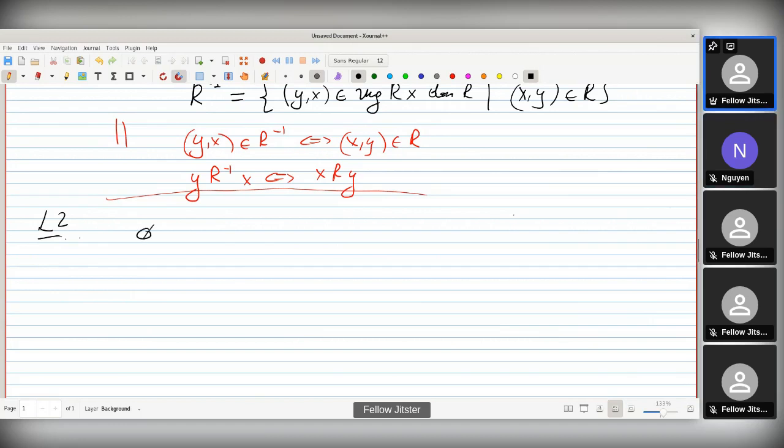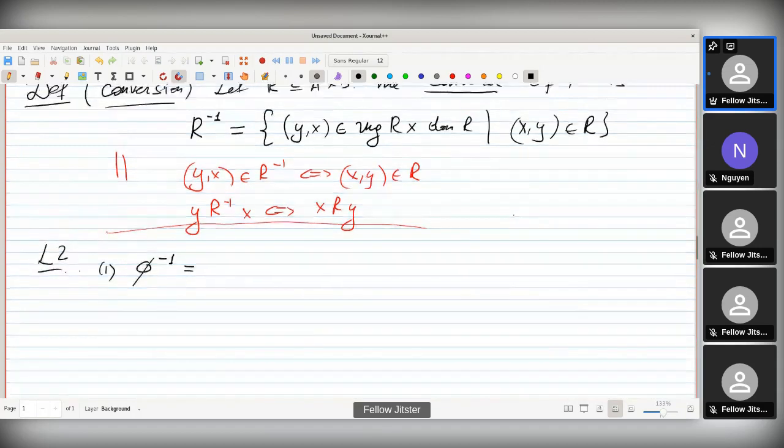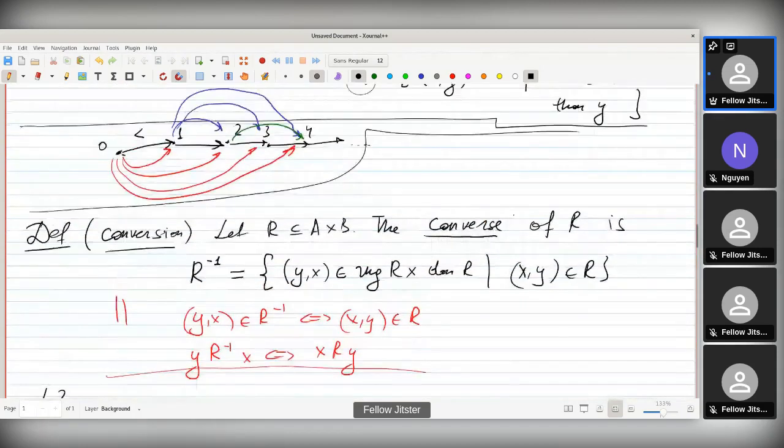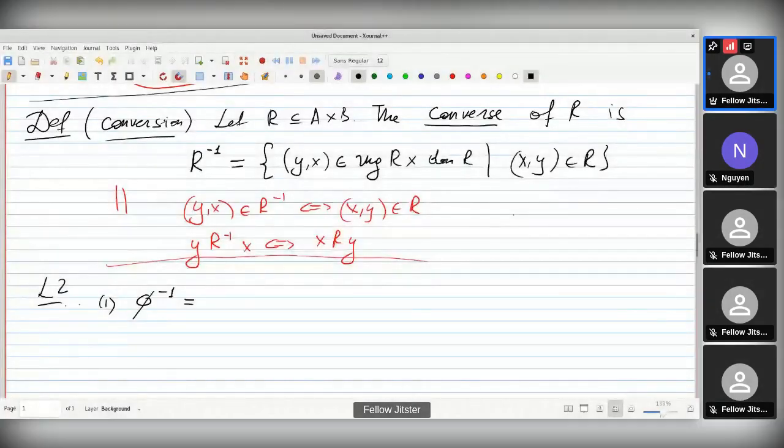Okay. Let us consider the converse of the empty relation. So we have no pairs, and we have nothing that relates in any such pair. So what if I convert the empty relation?